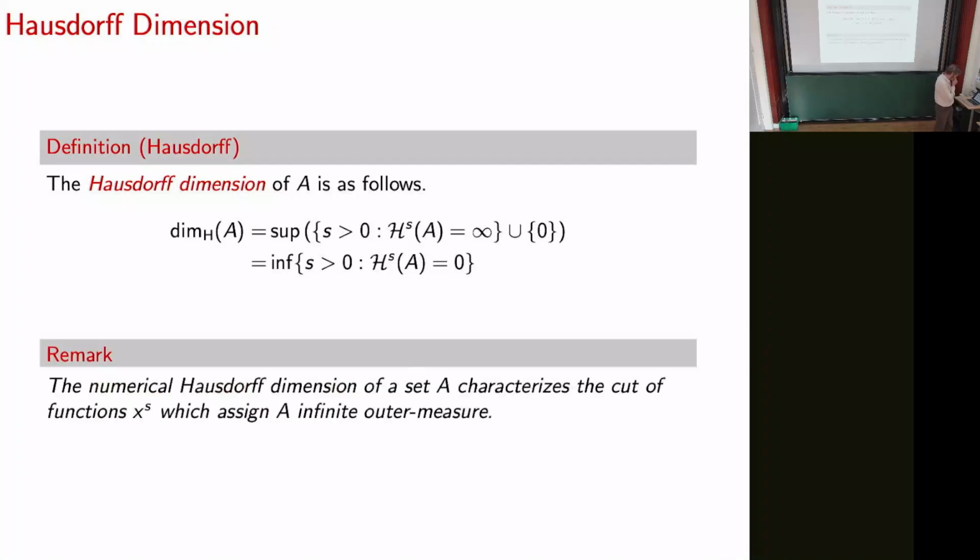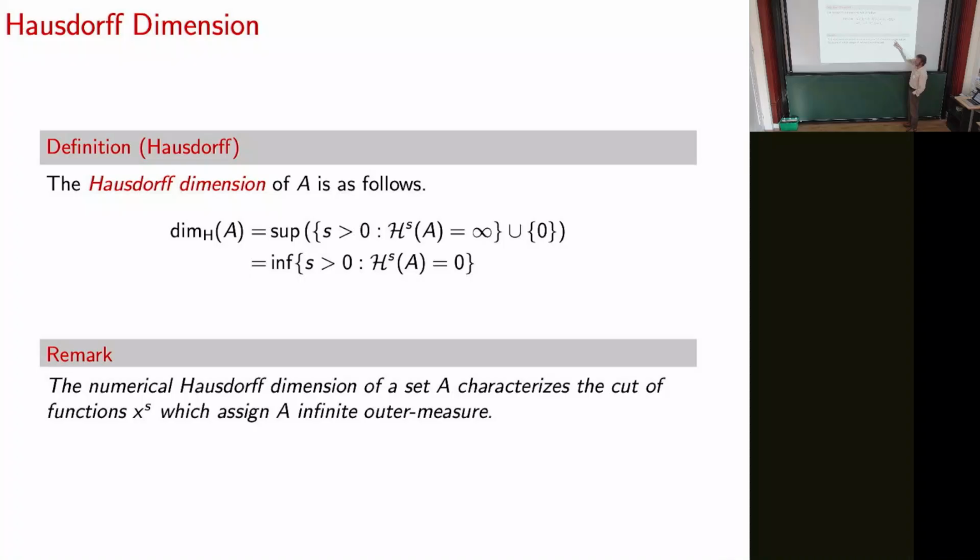Okay, it's a number because these measures are parameterized by numbers. We're using the power functions, where the weight of a ball is the diameter to the s. So we're using the power functions to give us a one-parameter family of measures.